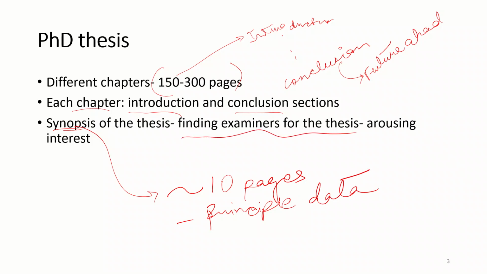It should be made in such a way that it arouses interest in the examiners, and they agree to review the complete thesis. So they act as your peer reviewers for your thesis. So that was the introduction.